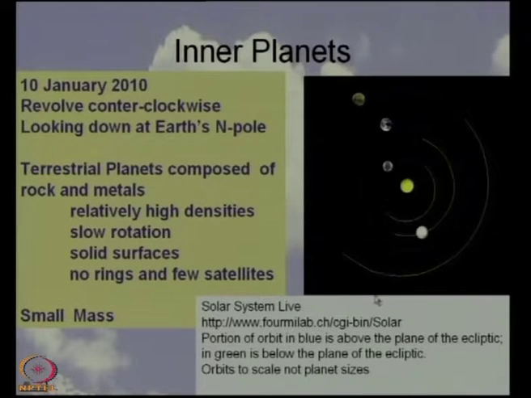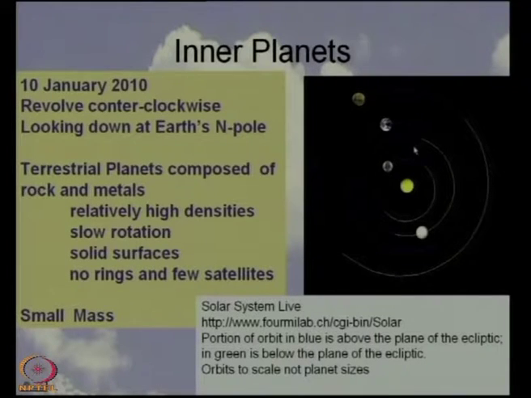Now, the part of the orbit that is in blue lies above the ecliptic plane, the part in green is below the ecliptic plane.